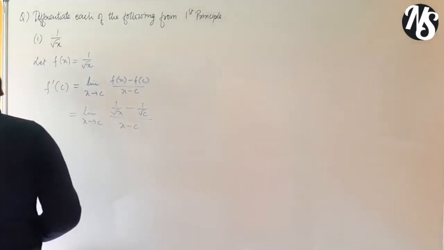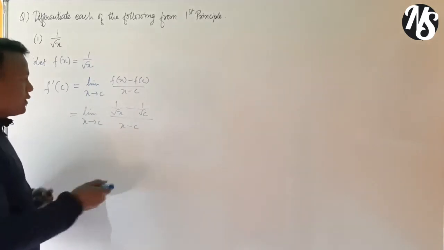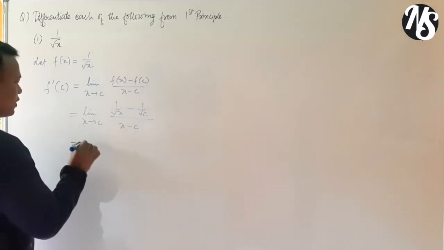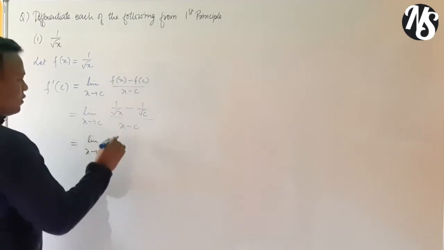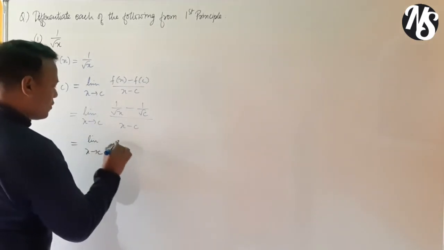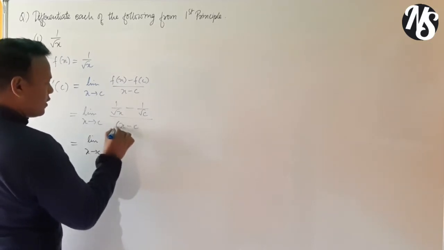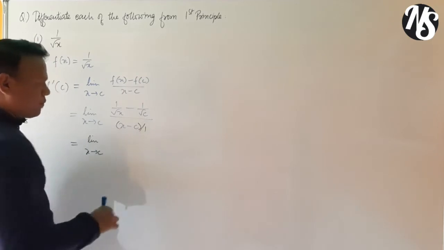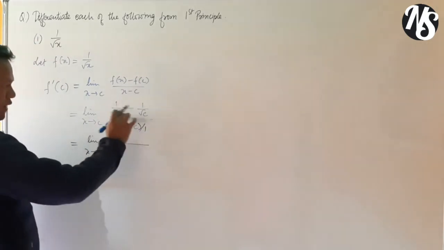Now you have to simplify the numerator. Can I write this as this by 1? Yes. Okay, so let's simplify the numerator.